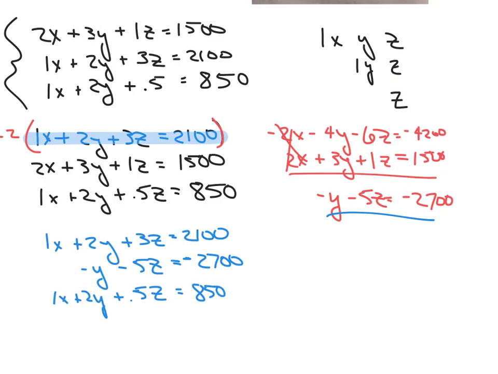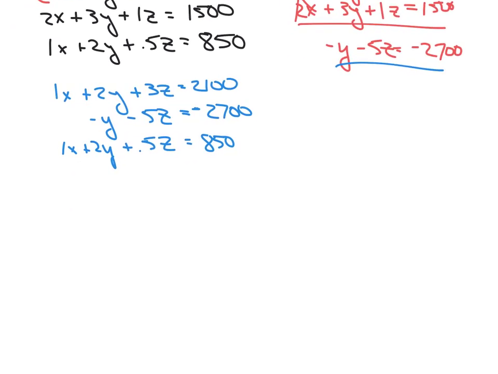Okay. Now, we need to make that positive. In order to make that positive, we multiply the entire thing by a negative 1. Okay? And what that does is it changes that to a positive, that to a positive, and that to a positive. Okay, so far we've done three things. We made that a positive 1, we got rid of that, and we made that a positive 1. So this is now locked, since it's where we want, and that's locked.